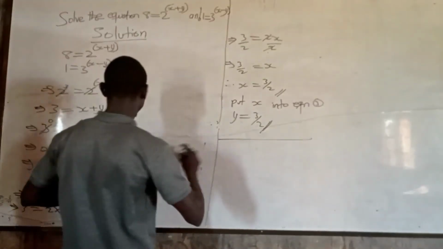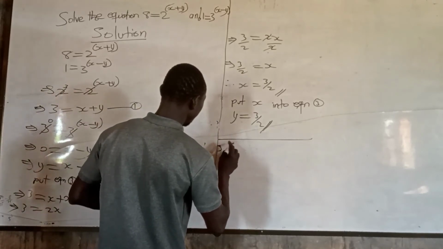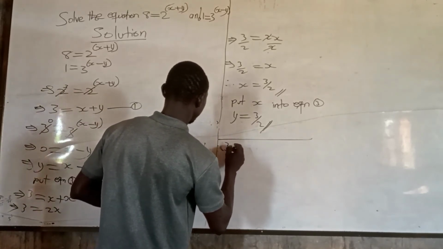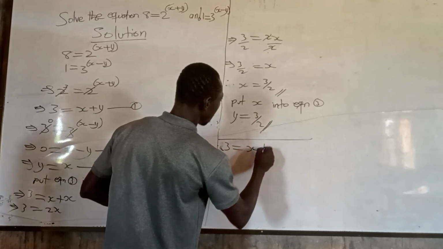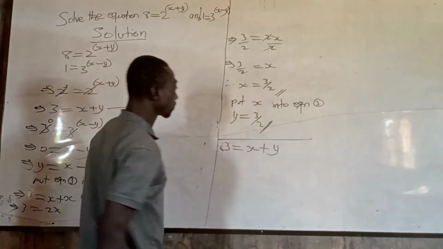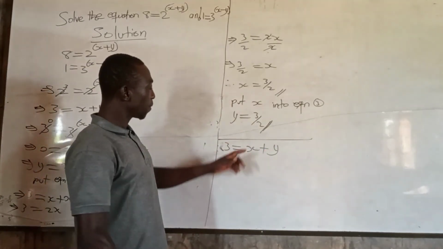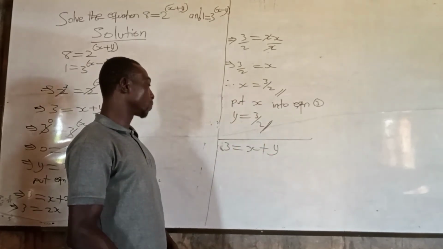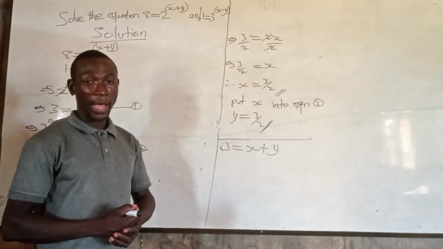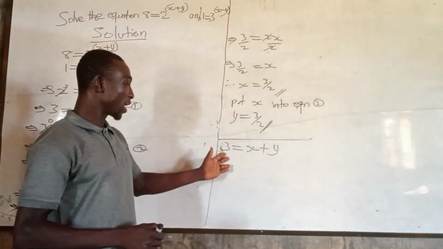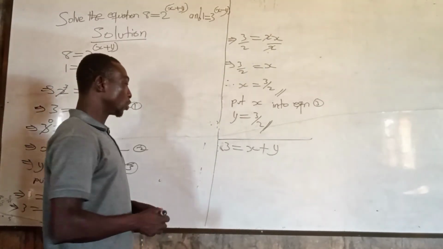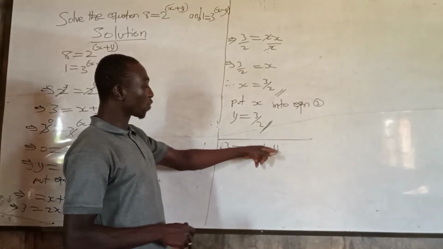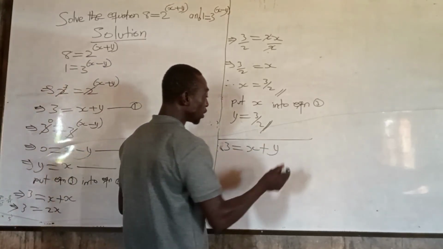We know that in equation 1, 3 equals x plus y. x is 3 over 2 and y is also 3 over 2. Let's prove our solution, whether it's correct or it's wrong. So we substitute the values of x and y into equation 1.